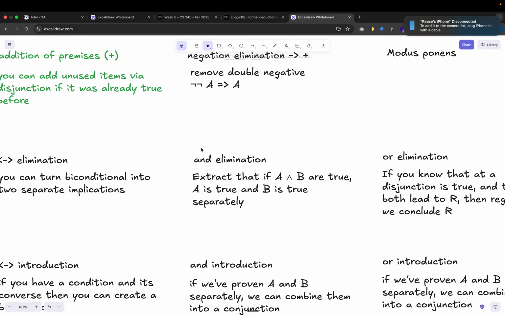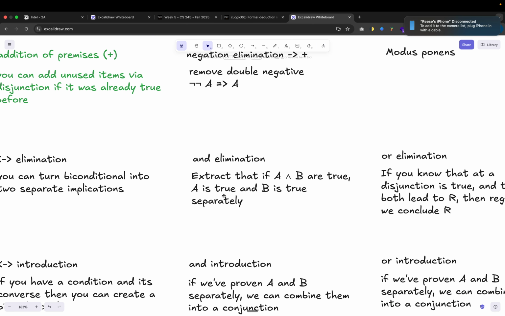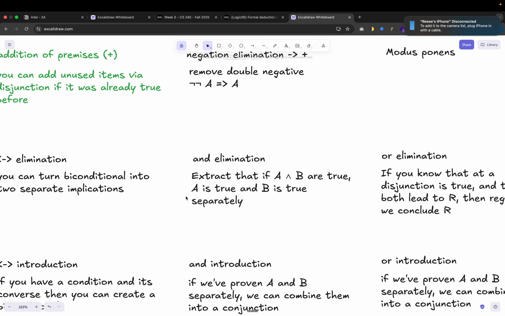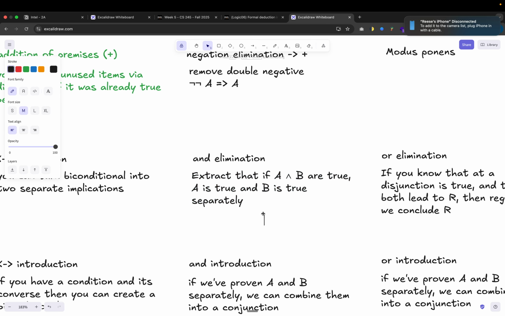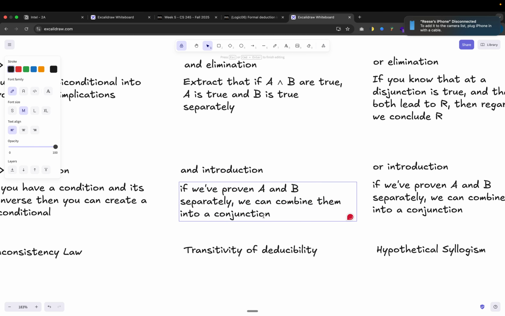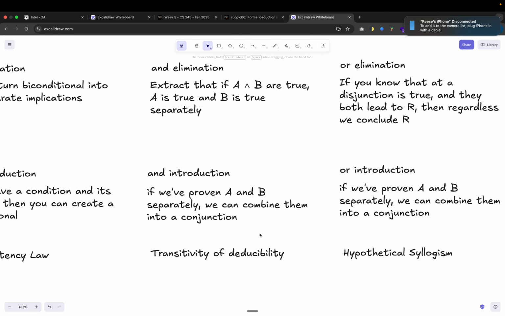Now, and elimination, this is basically saying, okay, we have A and B. So if we have both of those, then we can use A and B separately. And introduction is the other way around. If we've proven A and B separately, we can combine them into a conjunction.